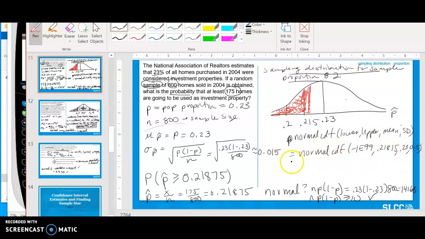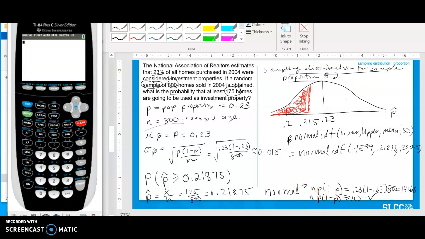So I go to my calculator, and I go to second vars, go to normal CDF. My lower bound is negative 1 times 10 to the 99th, which is, for all intents and purposes, negative infinity. My upper bound is 0.21875, but you can type that, or you can just do the equation in your problem.